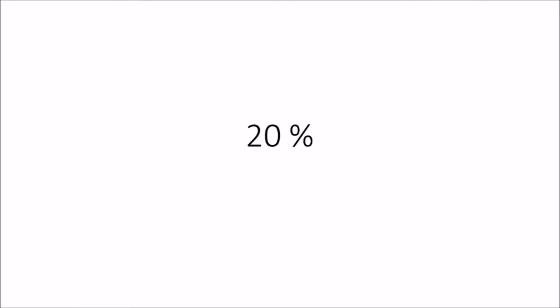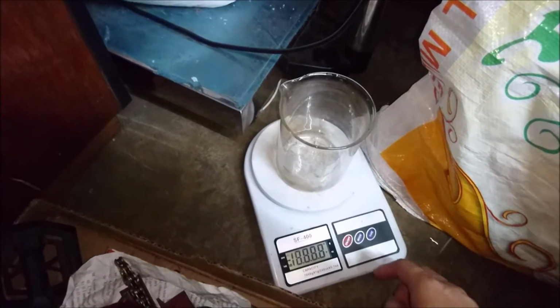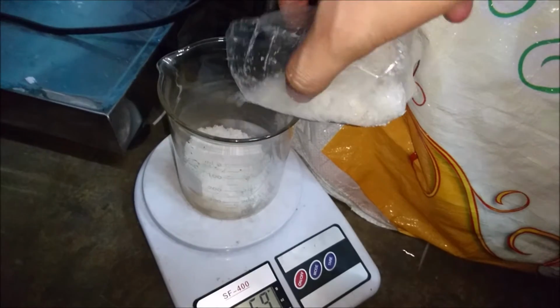So for the third trial, 20%. The procedure is the same. Just add 500 grams of salt to the existing 15% brine solution.